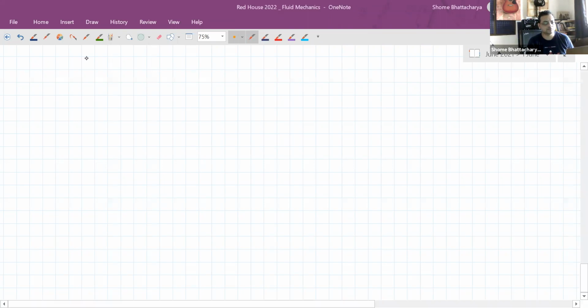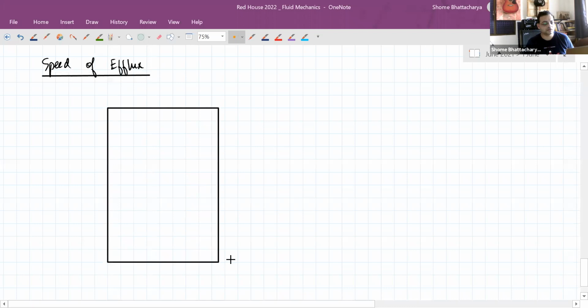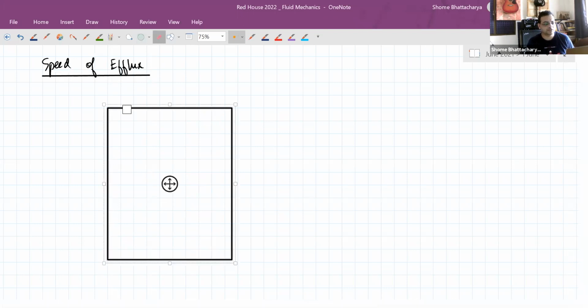what is called velocity of efflux. So this is a typical situation where we have liquid in a tank, or in a vessel. It can be an open vessel, it can be a closed vessel with a seal at the top also, it doesn't matter.